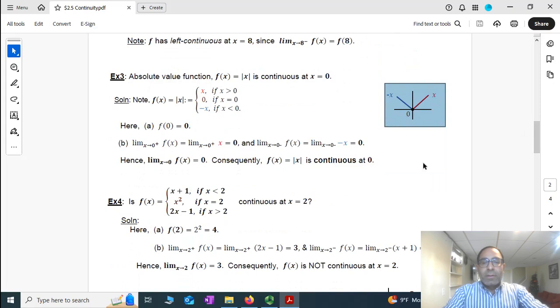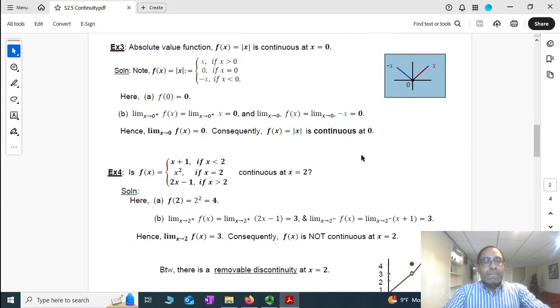So here, more better. So first, the function value at 0 is 0. Second, the right hand limit of the absolute value function as x approaches 0 from the right is 0. Likewise, the left hand limit of the absolute value function as x approaches 0 from the left side is 0.